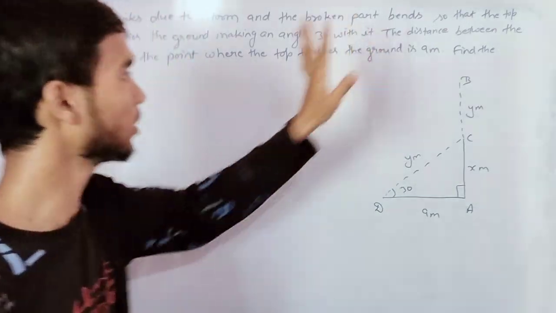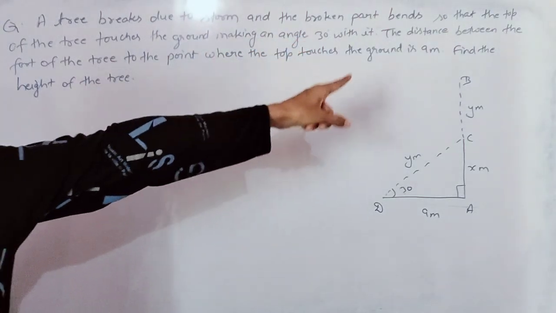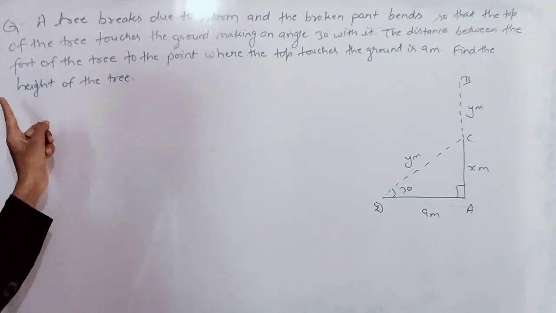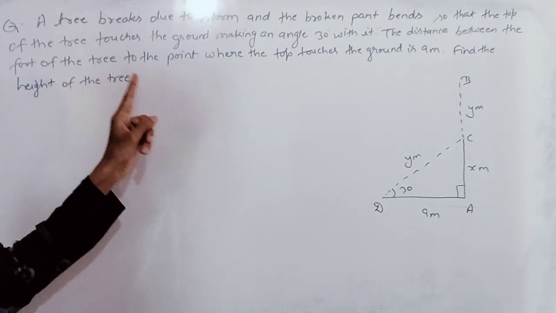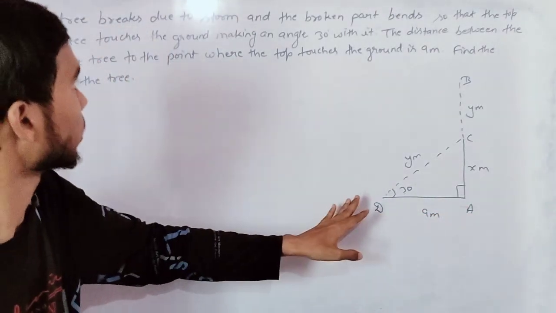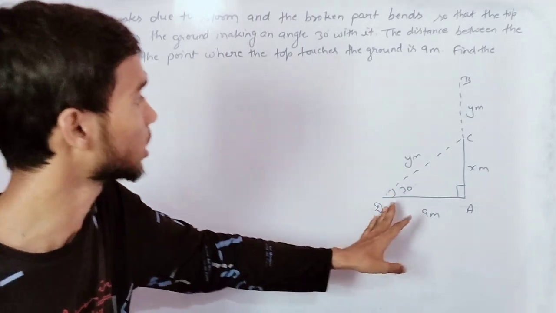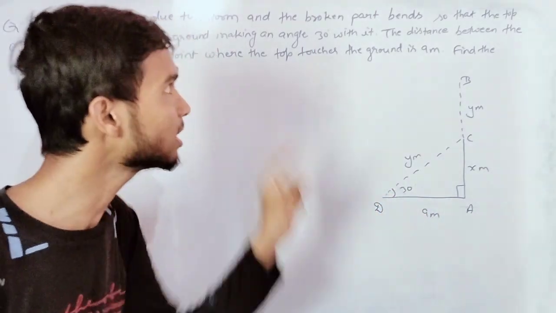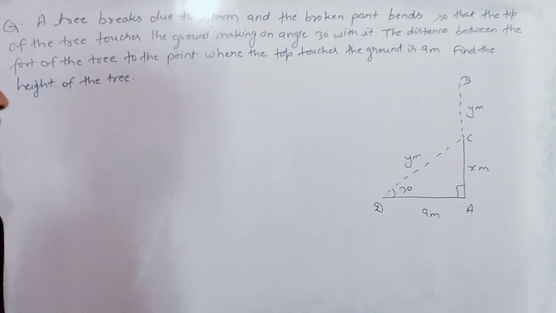Okay, from here we are clear. The distance between the foot of the tree and the point where the top touches the ground is 9 meters.